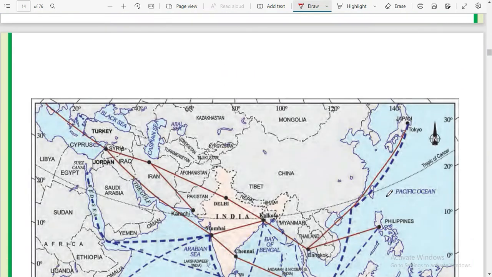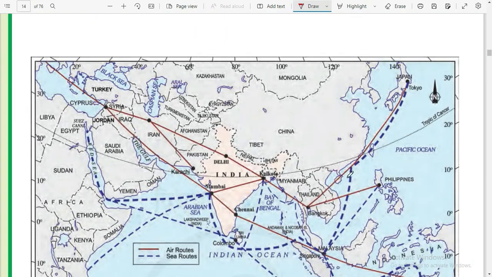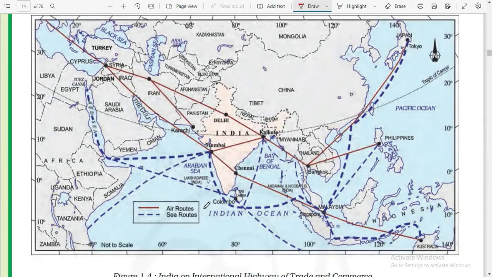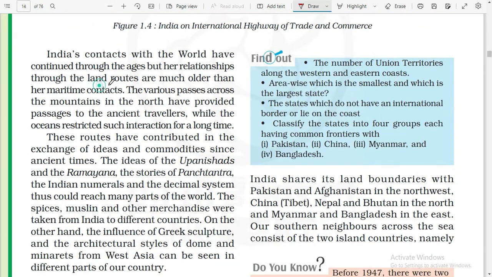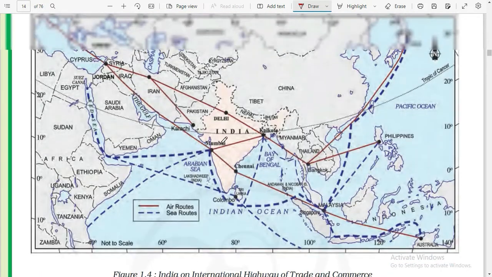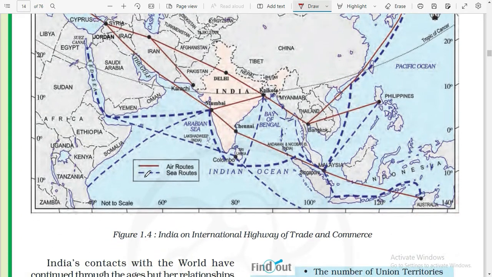And due to this location between China and the Western nations and the Arabian nations, it is strategically located in the Asian continent. India's contacts with the world have continued through the ages, but relationship through the land routes was much older. All these dotted lines are sea routes.